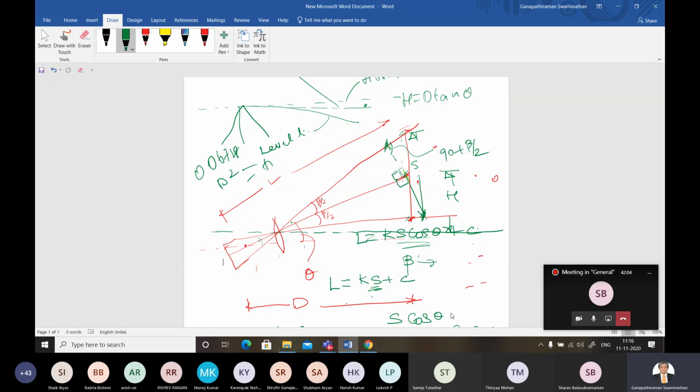Okay. So once you find out the horizontal distance, the vertical elevation is h. H is given by d tan theta. Is it okay? Then you have to apply your principles of mathematics and find out the elevation difference in the horizontal distance. But here I just wanted to tell you there are two constants. You know what are those two constants?